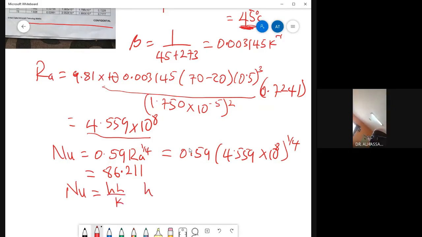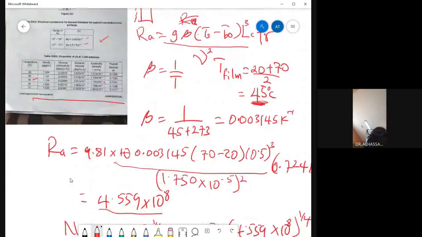So my h equals Nu times k divided by L. We know the value for Nu, and for k you are going to select the value at 45 degrees Celsius. So where is our k? Thermal conductivity, yes, this one.